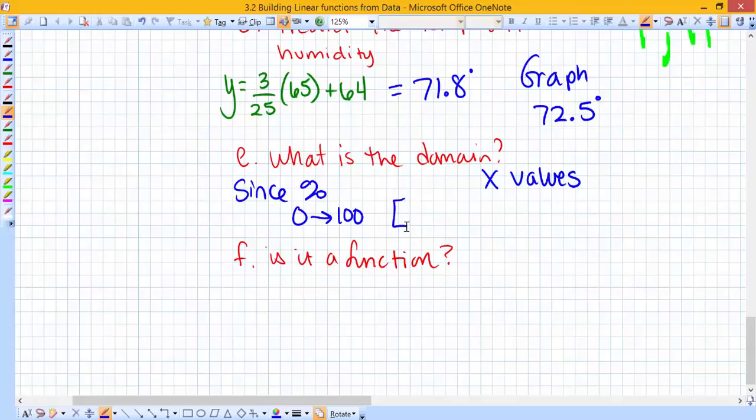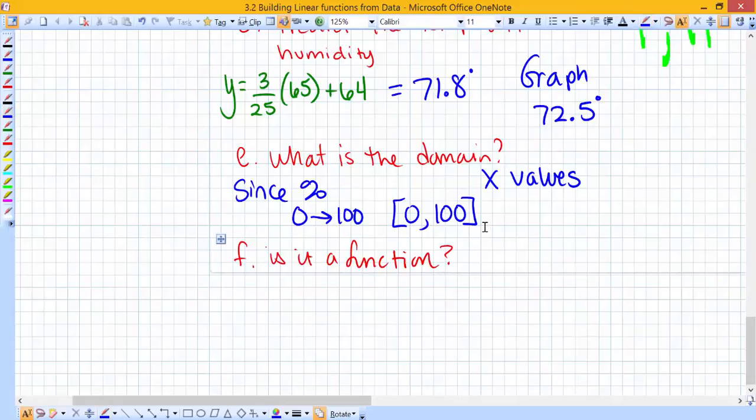So my domain is from 0 to 100. And I am going to use brackets because I'm not going to skip over humidities. I'm going to hit every single humidity that's in between 0 and 100. So I can include everything. It's not just going 10, 20, 30, 40. There's no jumps. It continuously flows.